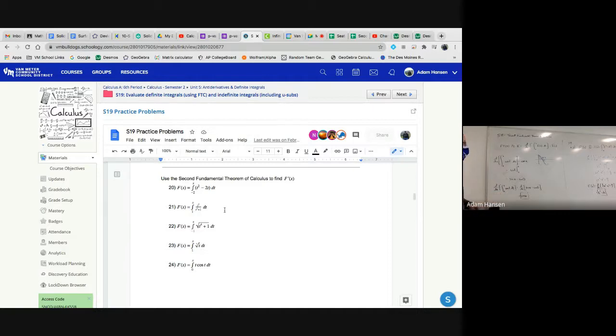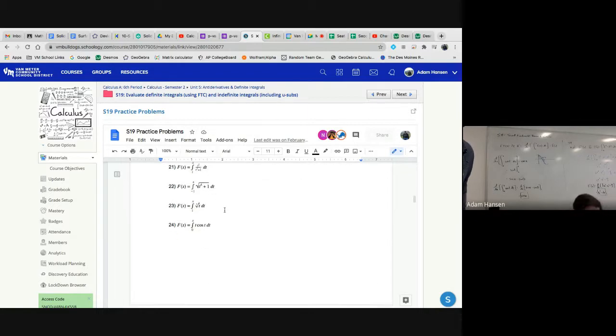The rate of change in that accumulation of area is just given by the same original function. The rate of change of our derivative in our accumulating area is just given by the original function. Those seem a lot harder than what they actually are. You just basically write it in terms of x for your final answer.